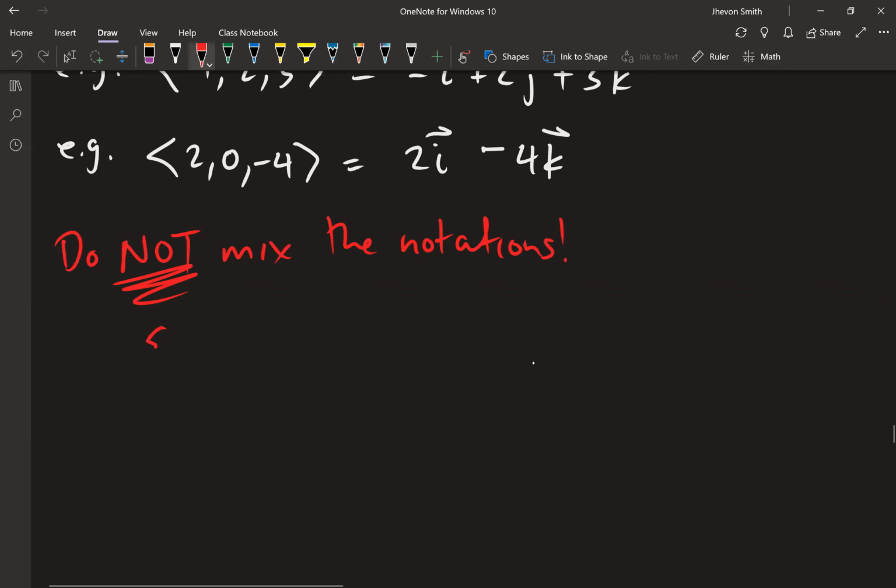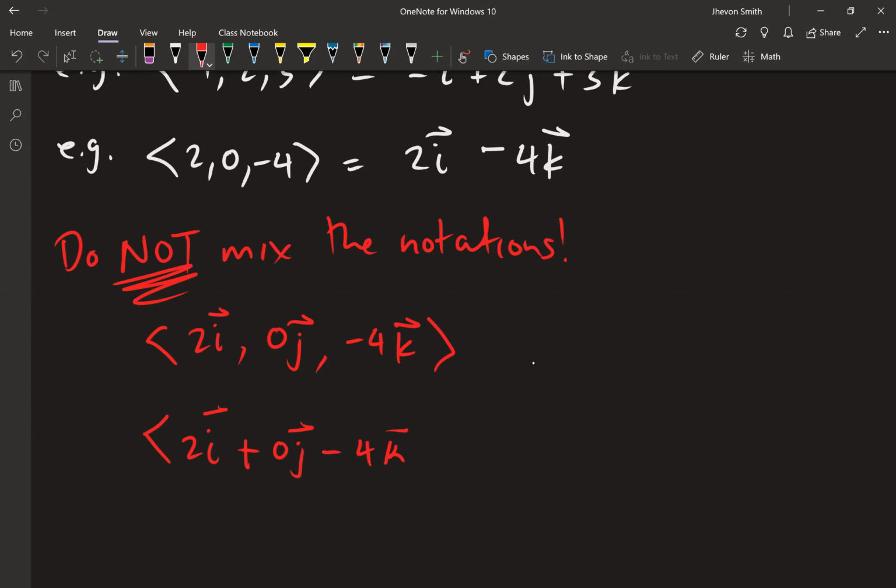So if you wrote something like 2i, comma, 0j, comma, minus 4k, what are you doing, right? Or 2i plus 0j minus 4k, and you put them in square brackets, what are you doing? Wake up.